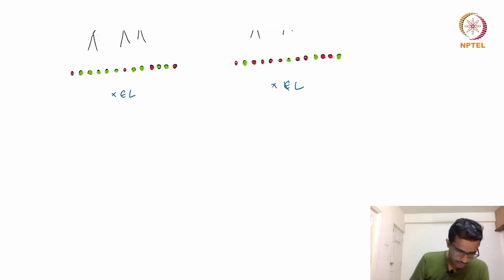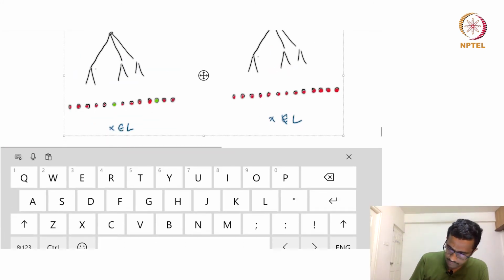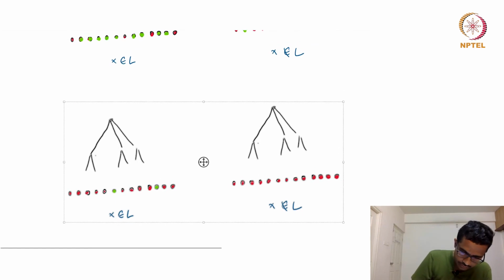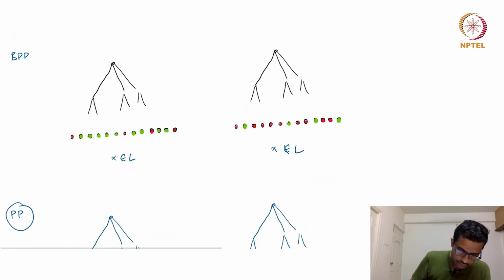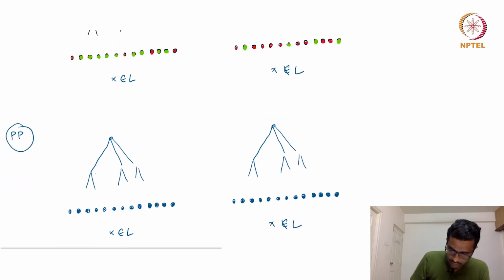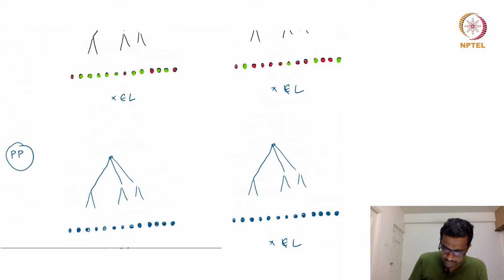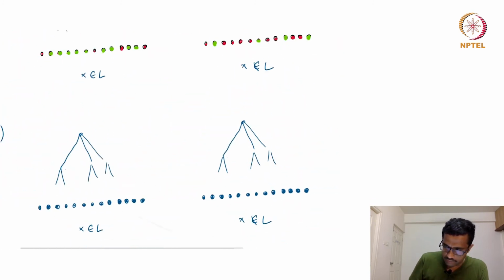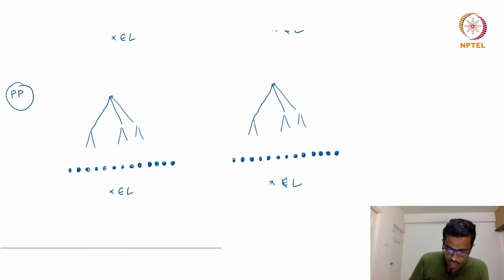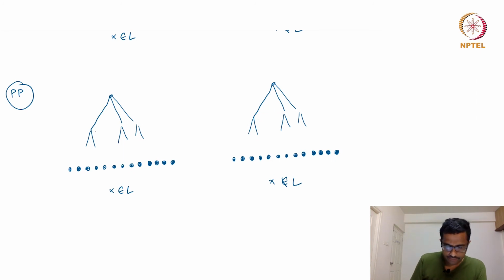Finally, let us come to PP. When X is in the language, PP is also just accept, reject, there is no don't know.